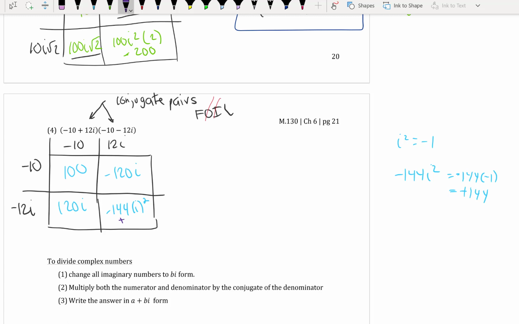So this really becomes a positive 144. So now I know that I have my answer of 100. My middle boxes cancel. That's what happens when you multiply the conjugate pairs. We already knew that was going to happen. And I know that negative 144i squared simplified a little bit to give me 144. So 100 plus 144 gives me my final answer as 244.